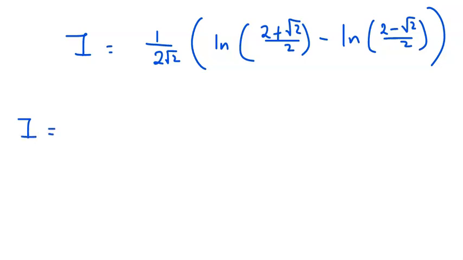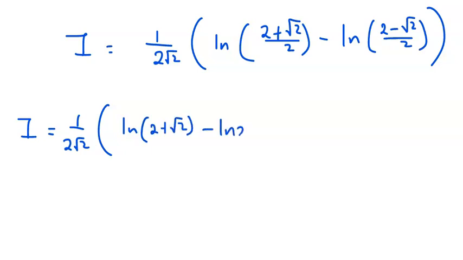So our I is going to be equal to 1 over 2 root 2 times the natural log of 2 plus root 2, minus the natural log of 2, then minus the natural log of 2 minus root 2, and then there will be a plus natural log of 2 right over here. Don't forget that. And we can see that this and this cancel.